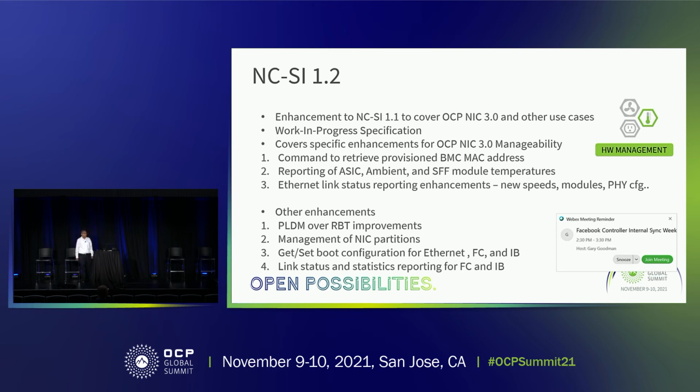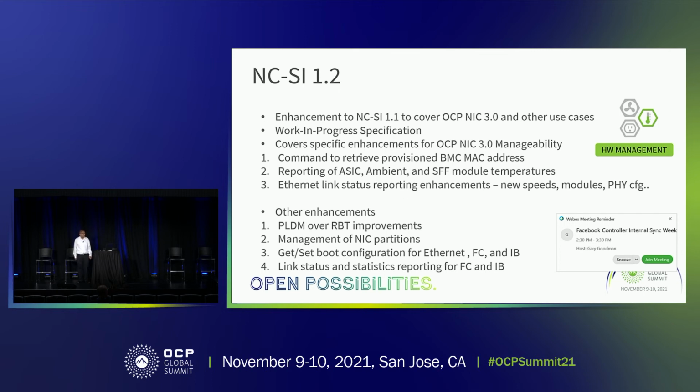And then there have also been a lot of enhancements on the link status reporting that is present in the 1.2 spec. Many new speeds up to 400 gigabits per second are defined. The PHY configuration and the interface with the optical modules are all now included in NCSI 1.2 proper.